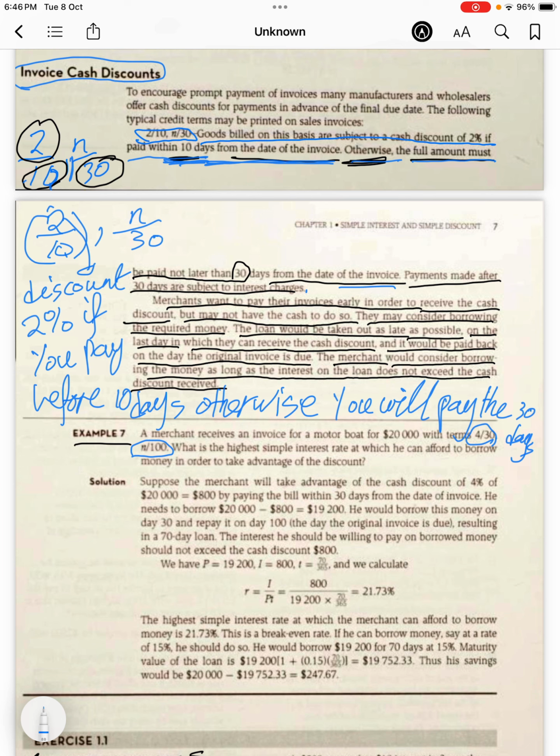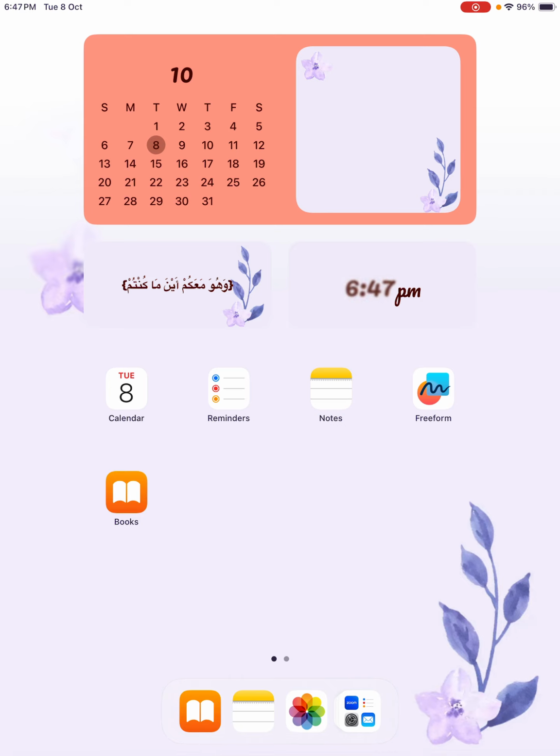Otherwise, you will pay the whole amount during 100 days. What is the highest simple interest rate at which he can afford to borrow money in order to take advantage of the discount? Let's solve it.